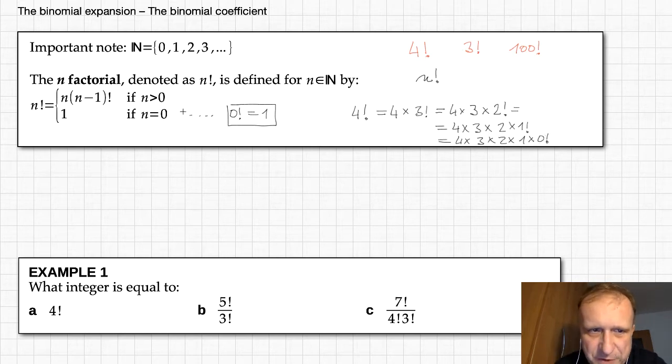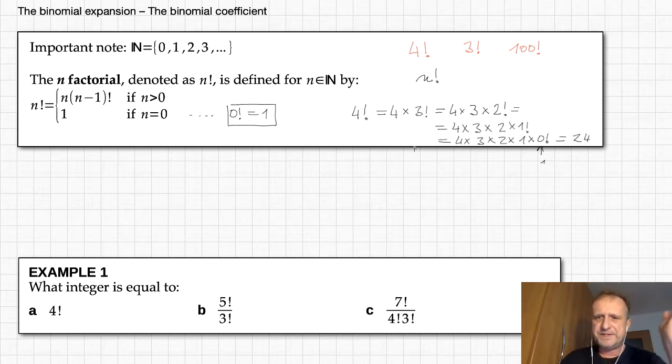But 0 factorial is known from the second line of the definition, and it is 1. Okay, so what I need to do is multiply 4 times 3 times 2 times 1. And what I get is, well, let me see, 4 times 3 is 12, times 2 is 24. So it means that 4 factorial is 24.